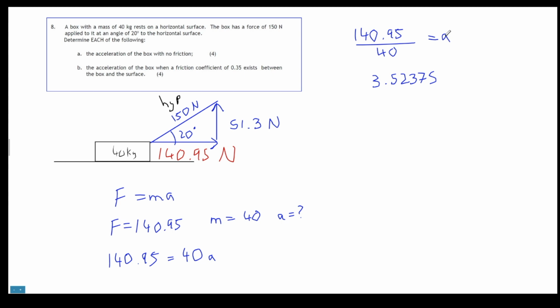And because it's acceleration, it'll be meters per second squared. So we've got the acceleration of the box with no friction. That's part A done. The acceleration of the box when the coefficient of friction is 0.35 exists between the box and the surface. So let's do the second part.